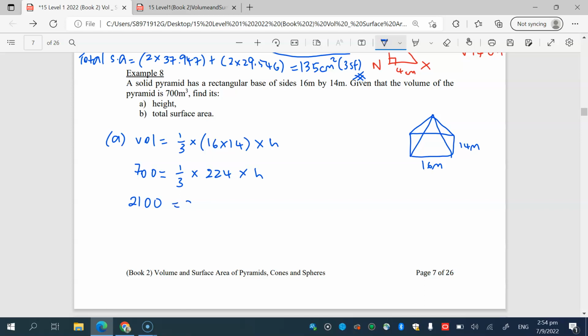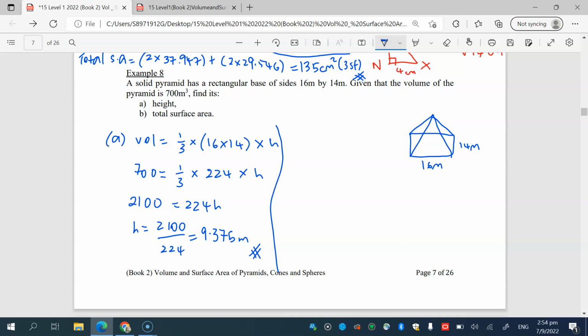You get this 224h. So h is 2100 divided by 224, which is 9.375. This is exact, so you leave it as it is. Do not make it 3SF because this is exact.